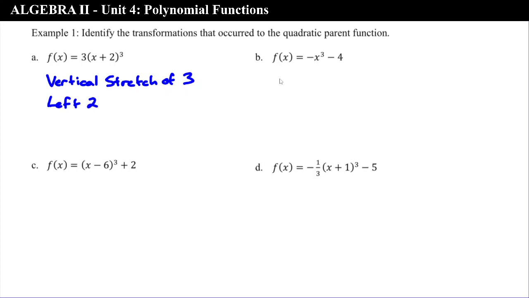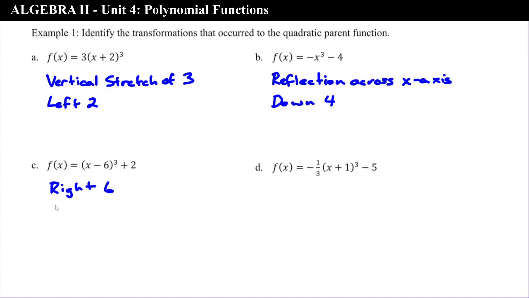In B, you have a reflection across the x-axis and a translation down 4 units. All right, for C, you have a translation to the right by 6, and a translation up by 2.